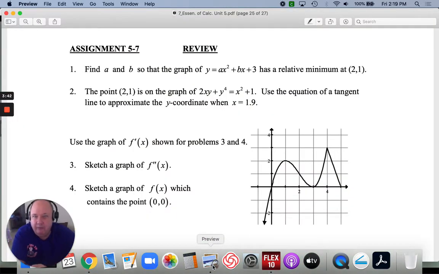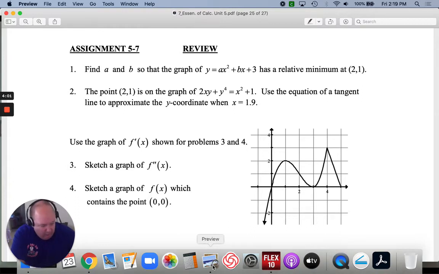In number 2, you have a point, (2, 1), it's on the graph, and it says use the equation of a tangent line to approximate the y coordinate. So let me write this down: 2xy plus y to the 4th equals x squared plus 1. And we have a point (2, 1).